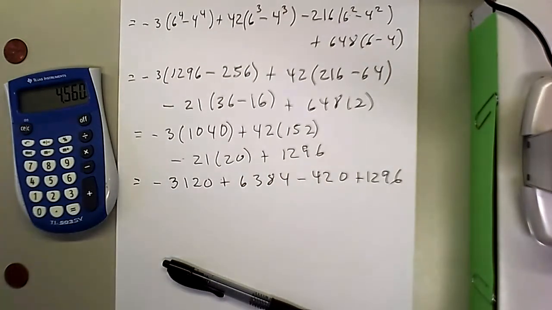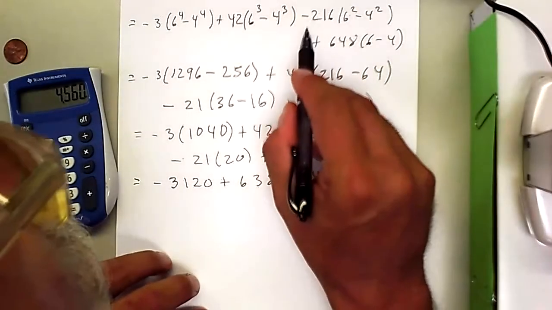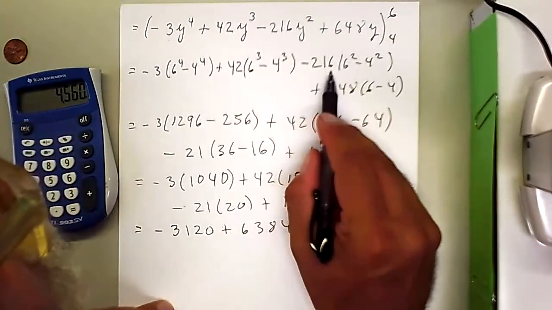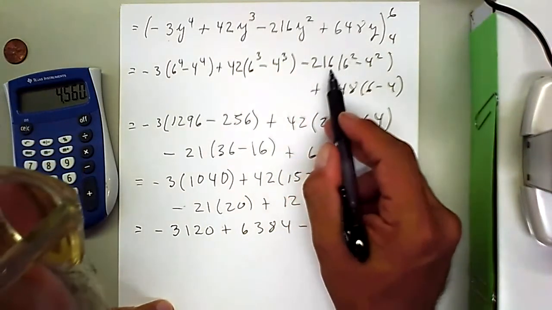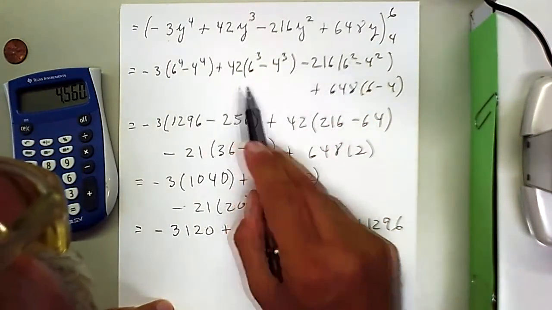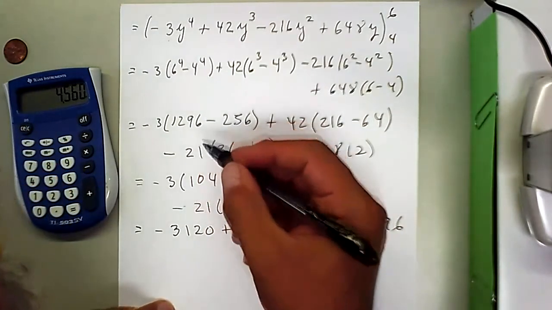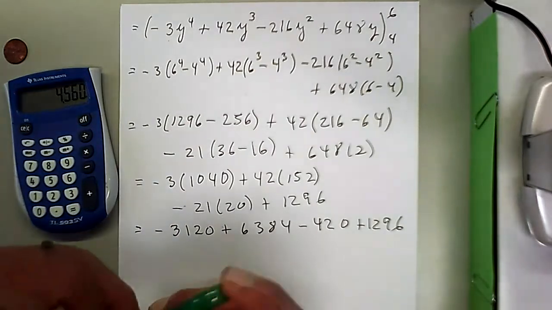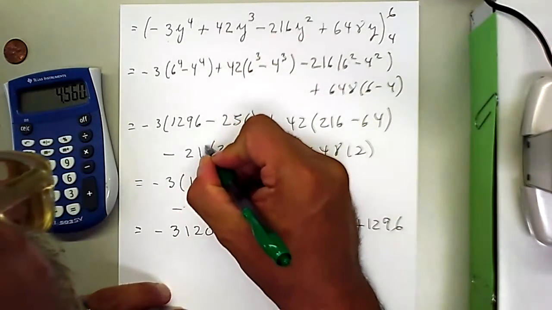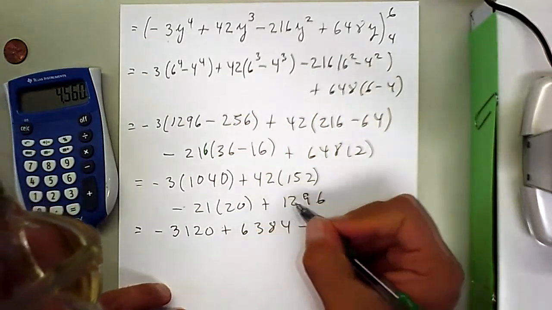I found a mistake. It was a sort of a typo. Here we have 216. And then when I copy this, there's the 42. I copied here as 21. So I was missing a 6. I'm going to use a different color. So I was missing here a 6, 216.